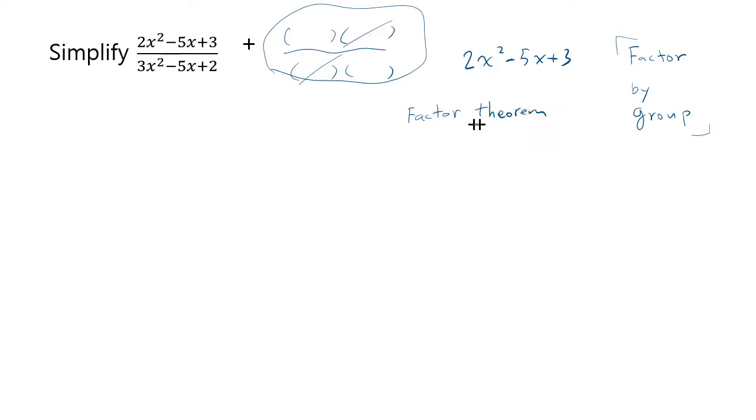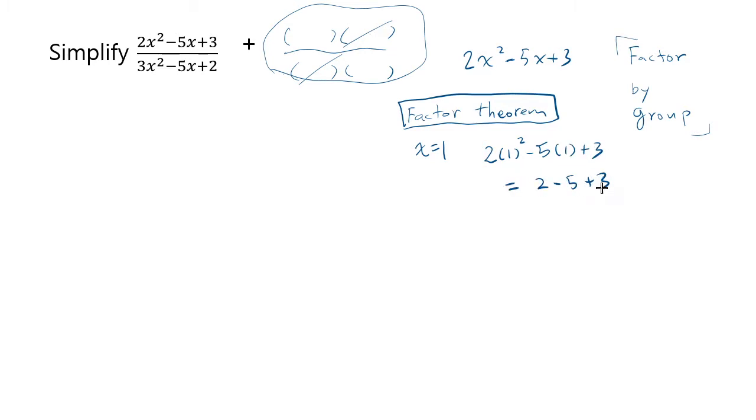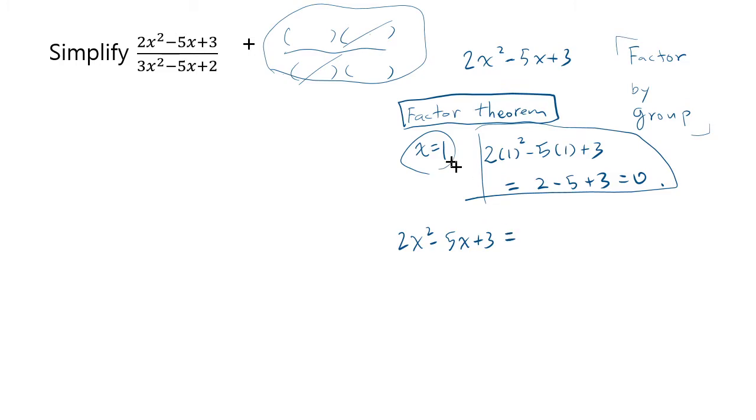Well, if you plug in some value into x, say for us it's 1, because the coefficients add up to 0, you get 2 minus 5 plus 3, which is 0, right? So if such a thing happens, then this polynomial will have a factor of x minus that number. So x minus 1 should be a factor of this polynomial.